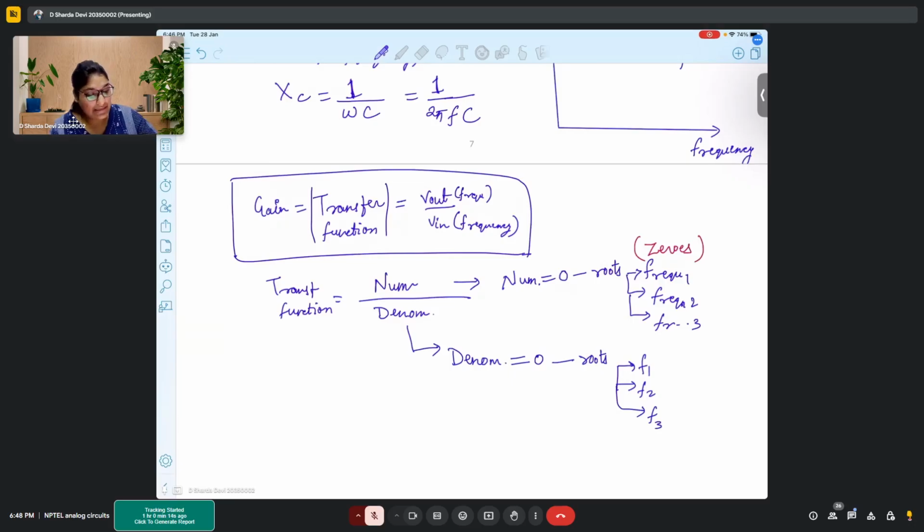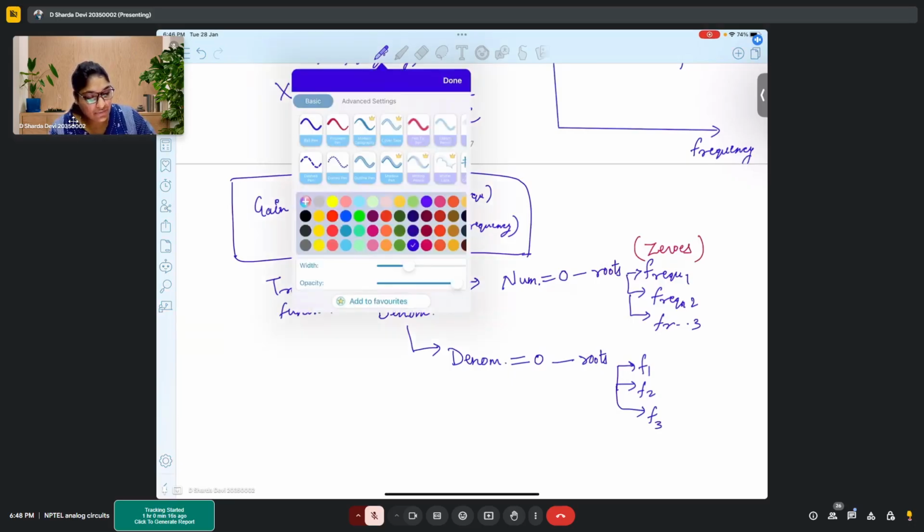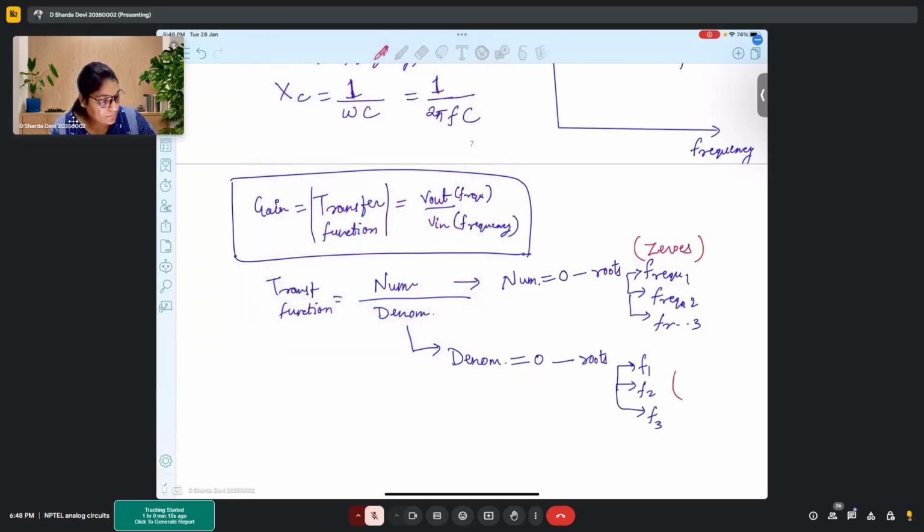So these roots we call the poles of the system. Or in other words, the frequencies which make your transfer function infinity, or your gain infinity, are the poles of your system. Is this clear?